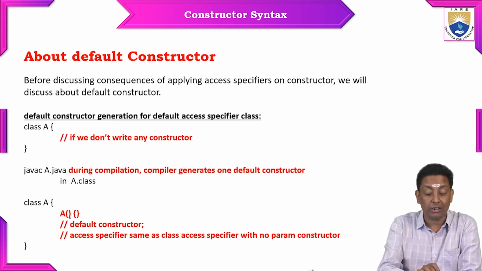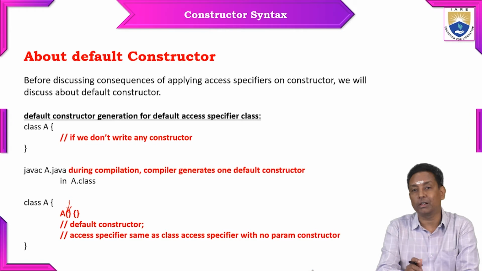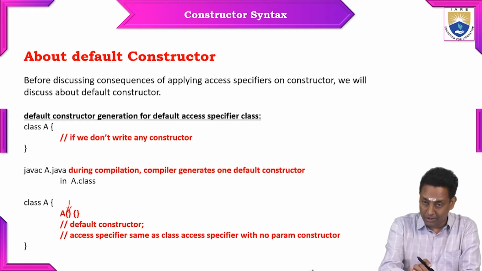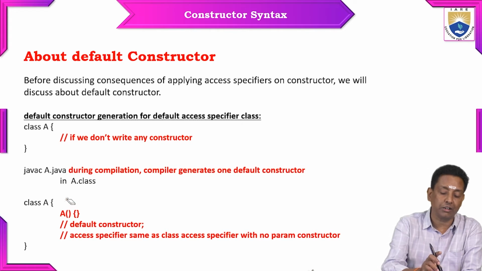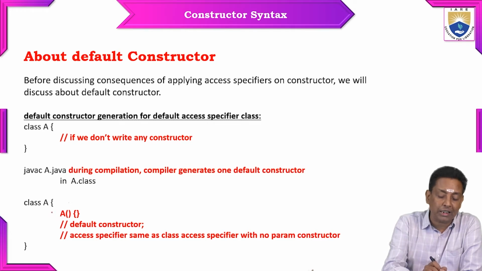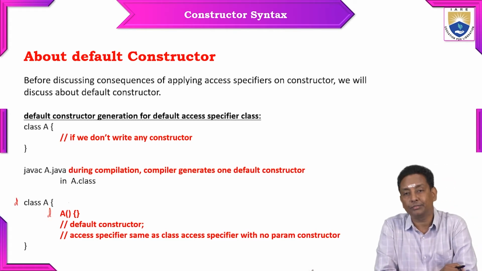The default constructor is generated with no parameters. See how many parameters are passed here? No parameters. And the second point is that its access specifier is the same as the class access specifier. What is the access specifier of class A? Default. What is the access specifier of the class A constructor? Default.